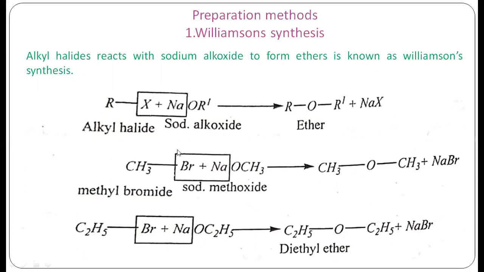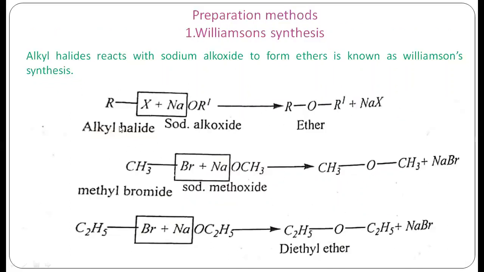Bromine leaves from this compound, sodium from that one, which has the plus charge, whereas oxygen has the minus charge. This minus charge makes a bond with the methyl plus, which forms dimethyl ether. Another example: ethyl bromide reacts with sodium ethoxide to produce diethyl ether.